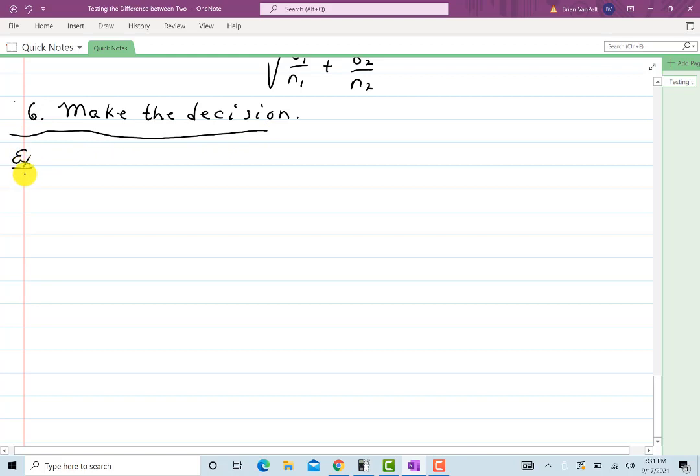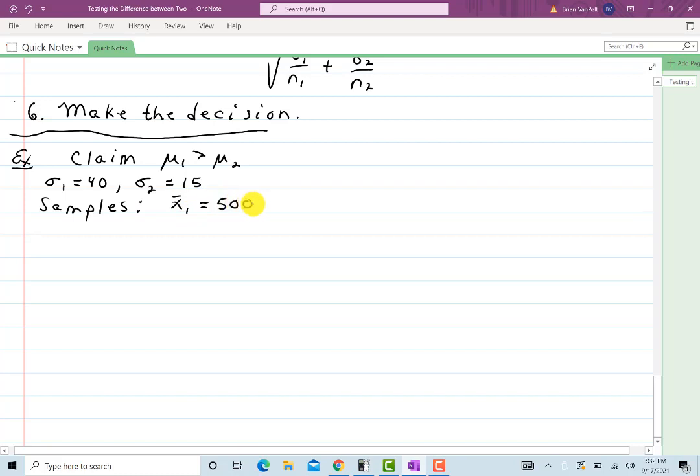Here I have the following claim. The claim is that mu1 is greater than mu2. And here's the information that I have. I have that sigma1 equals 40, sigma2 equals 15. Then let me get my samples down there. My samples, we have the first sample, the mean was 500, and the size of that first sample was 100.